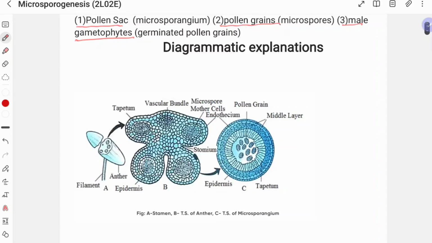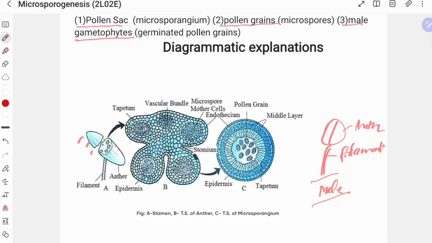Suppose you see the mature anther and filament; this is the male part of the flower. Now see in this picture A, this is the anther.